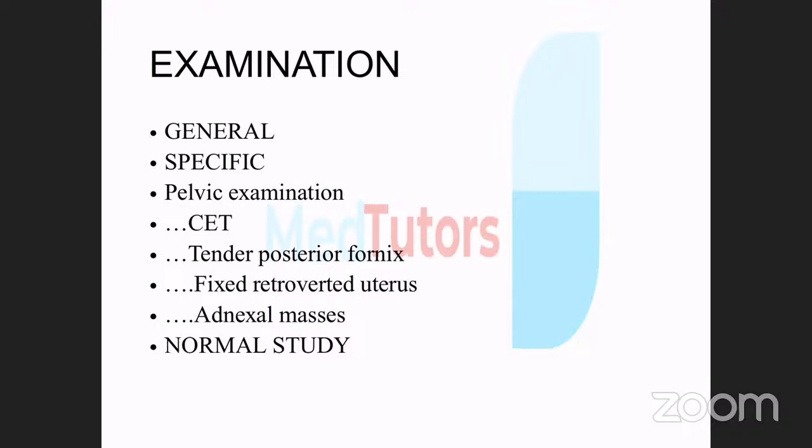You may even find that the uterus is fixed and retroverted because of the adhesions from the pouch of Douglas that are holding the uterus posteriorly, so the uterus will be retroverted and fixed. You may also find adnexal masses due to the ovarian endometriomas, especially if they are very large. On the other side, you have to remember, you may also have a woman with endometriosis with normal physical examination findings, including pelvic exams. Next slide.